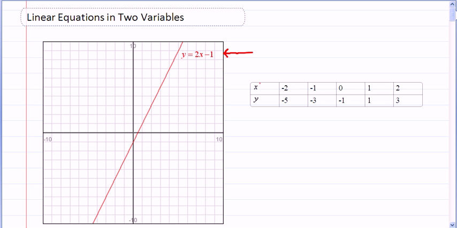On the right, there is a table, just a t-chart, that has different values of x's. And the way the y values were found was just by substituting each of the x's into the equation.